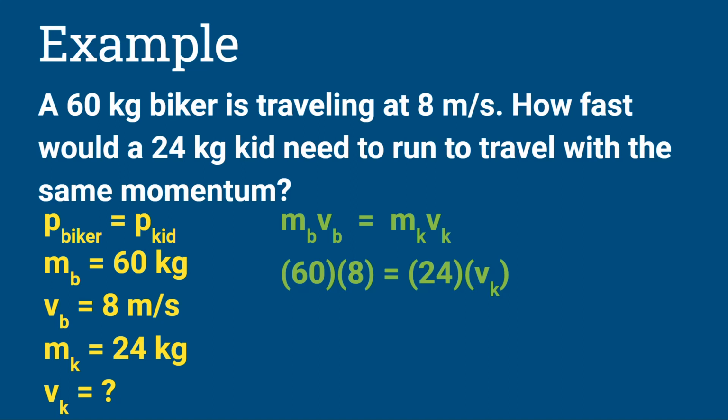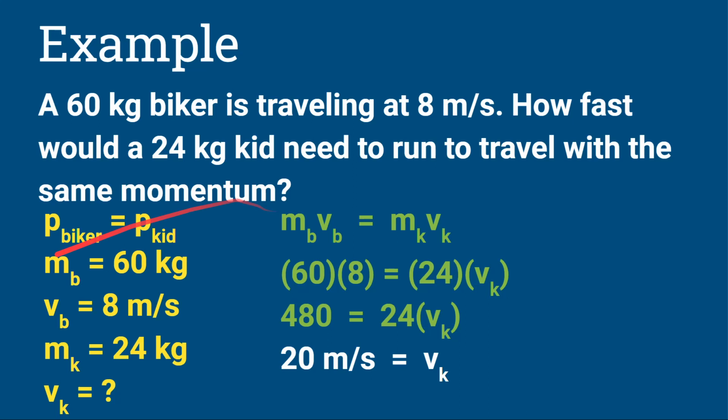We just need to multiply those, that's 480, and then divide both sides by 24. And we find that the kid would have to travel at a rate of 20 meters per second in order to have the same momentum as the biker, which is way too fast for someone to run. But I guess if he was in a vehicle.